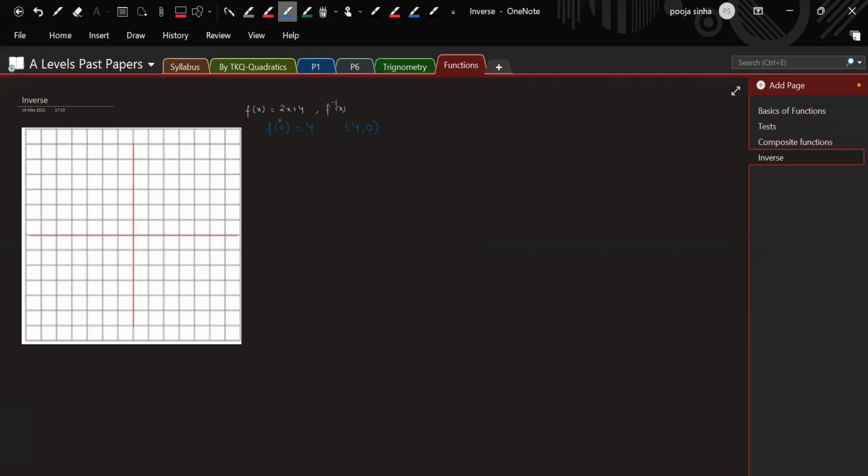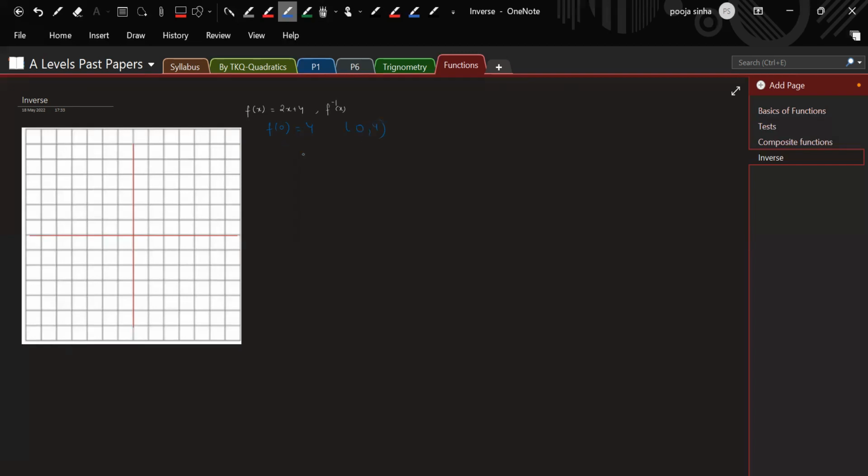What will be the other value if y is 0? I've written this the wrong way around. It's 0, 4.